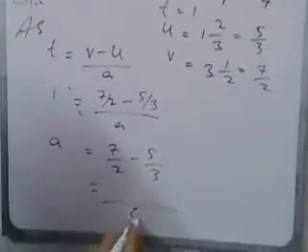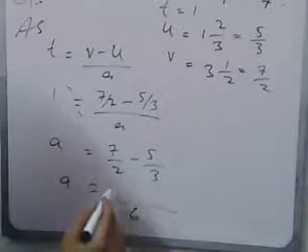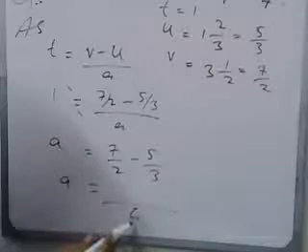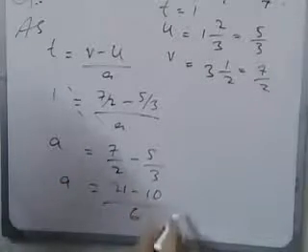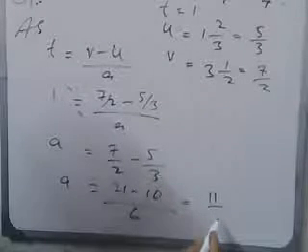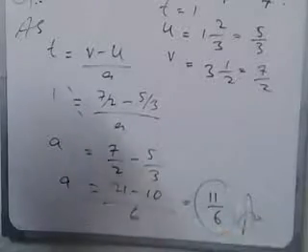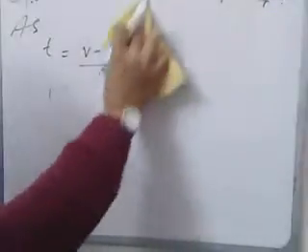Using cross multiplication, there is your a, 7 by 2 minus 5 by 3, taking LCM, because you are well familiar with how to solve these fraction equations. Here you will divide by the denominator. You will get 3 multiplied with 7, 21, and 10. By simplification you will get 11 by 6. Here is your result.